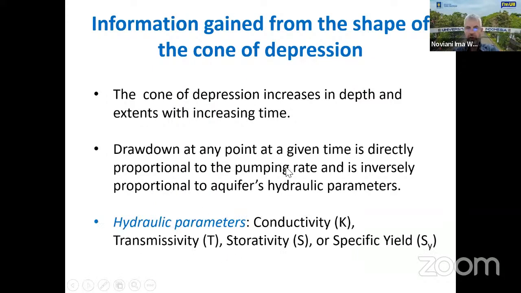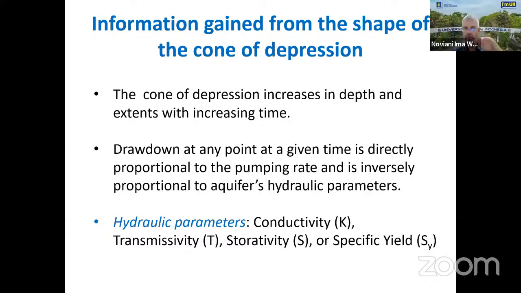The drawdown is directly proportional to the pumping rate, as we would expect from Darcy's Law. The longer and the more you pump, the more drawdown you create. And the drawdown is inversely proportional to the aquifer's hydraulic parameters. That means the higher the conductivity, the higher the storativity, the higher the transmissivity, and so on, the lower the drawdown.